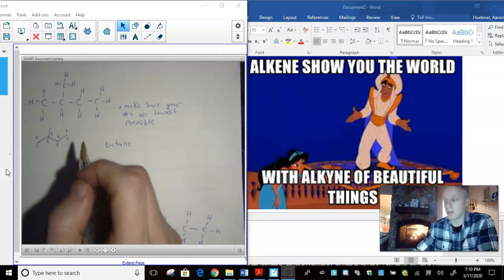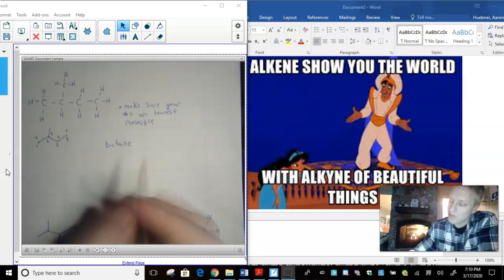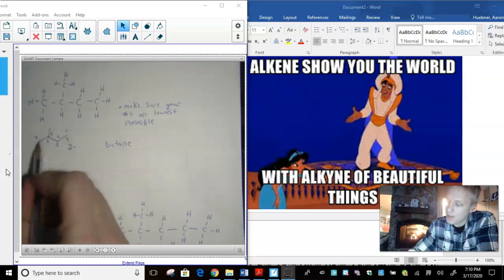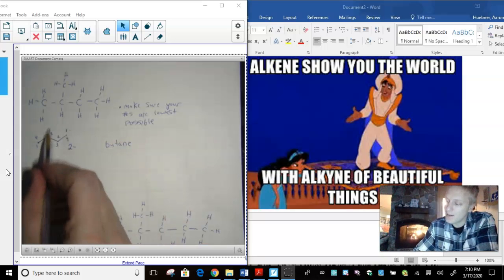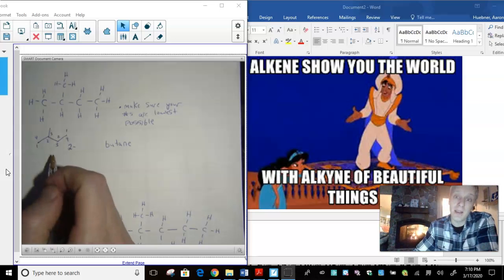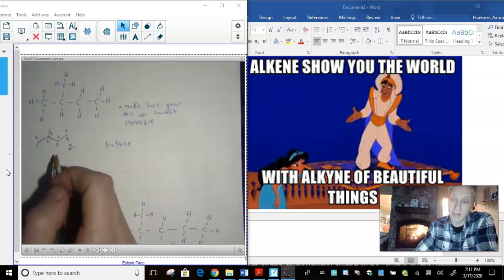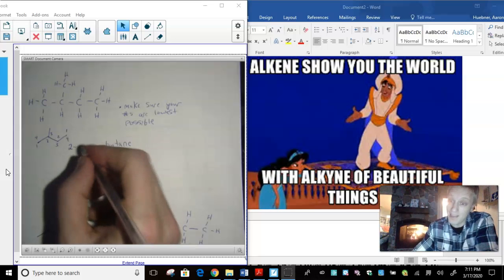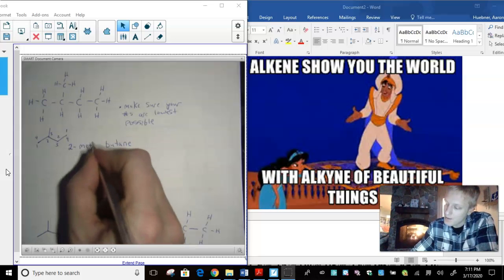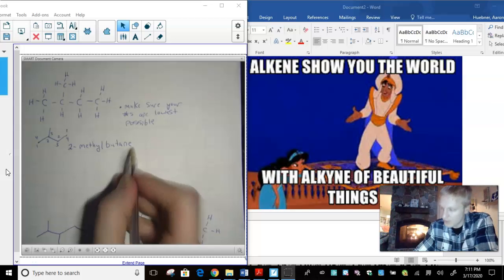So this is going to be a 2 because I'm on the second carbon, and there's just 1 carbon hanging off, which would be methane, but since it's a side chain, an alkyl chain, I'm going to call it methyl. And it's continuous, 1 word.